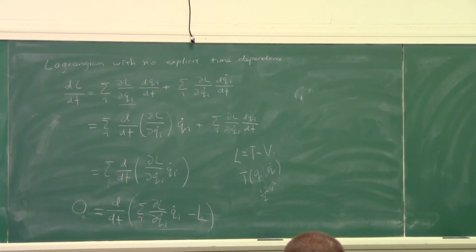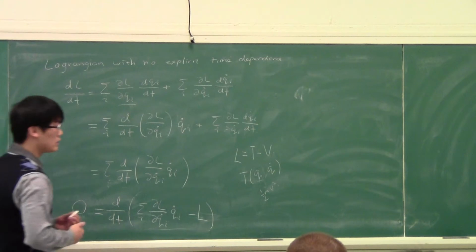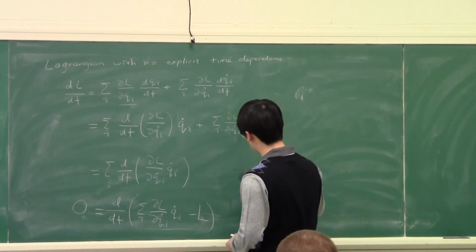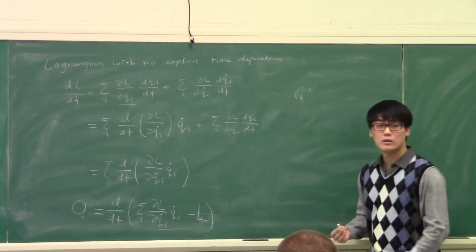Okay, and those are the forces, like centripetal force and centrifugal force, that in Newtonian mechanics you would have to treat specially, because those are forces coming from having a non-inertial frame. But in Lagrangian mechanics, they fall out of the Lagrangian very naturally. So this is one more advantage of the Lagrangian formulation. Are there any questions?